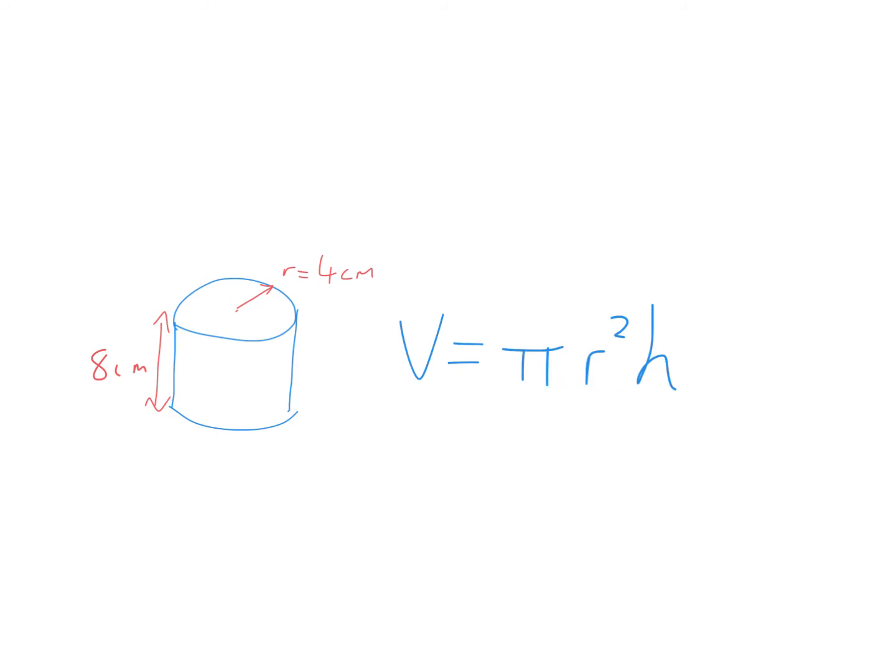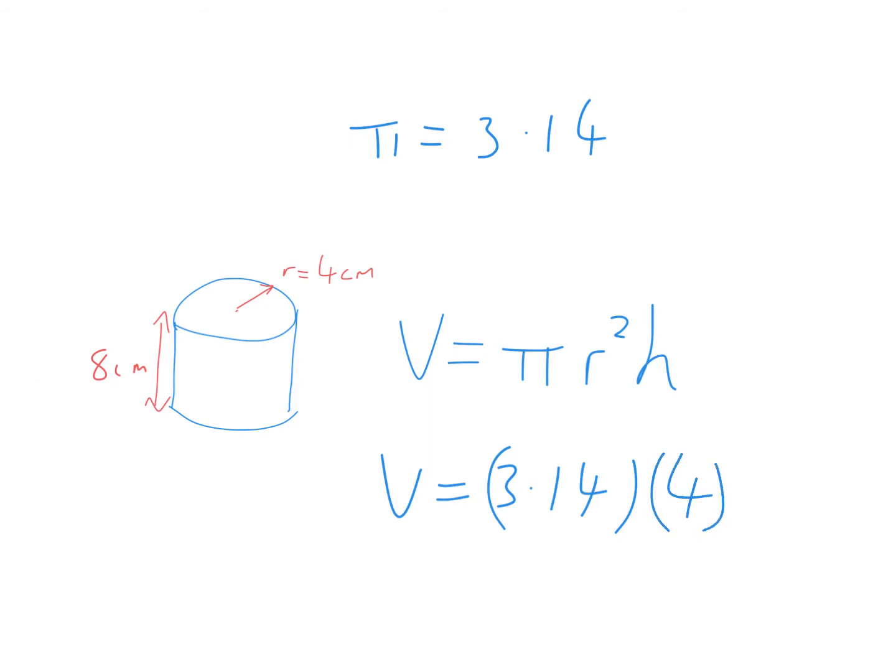Now again, what we want to do is check to see if we're given what to leave pi as. So in this case, pi might be 3.14 if the question says that, in its decimal form. So if we want to solve this question, we just write out the formula, then sub in 3.14 for pi, then look at the diagram. What's the radius? It's 4, so we're going to sub in 4 for the radius.